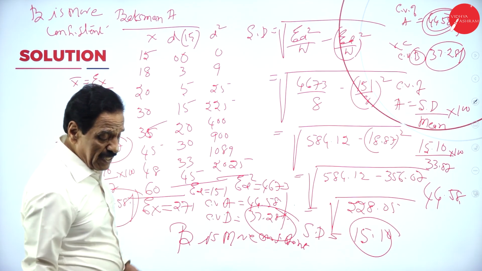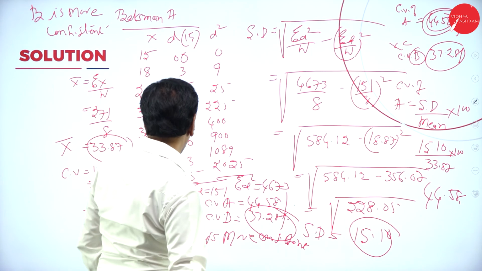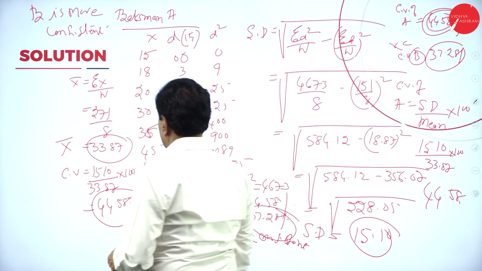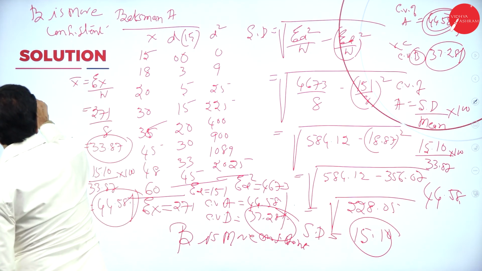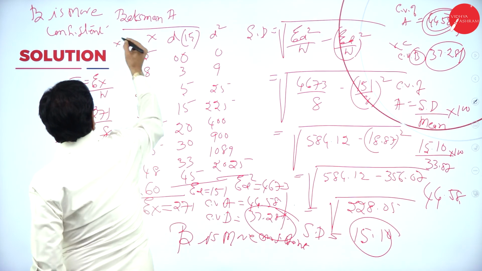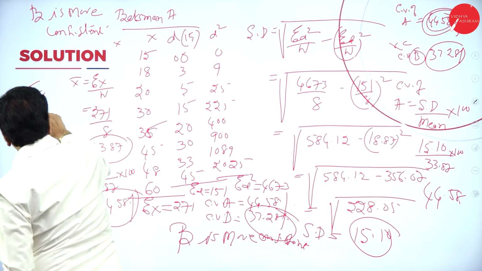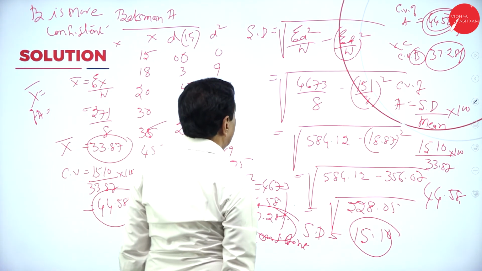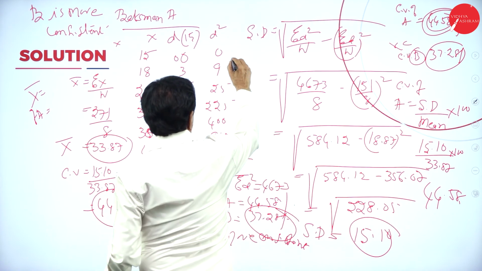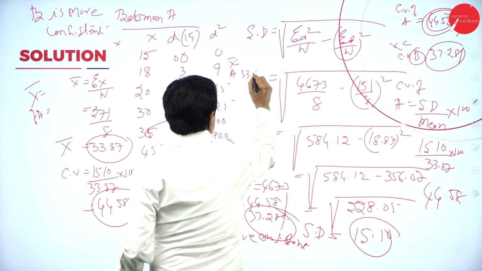Regarding the better run getter, whose average is more? Mean of A, 33.87.